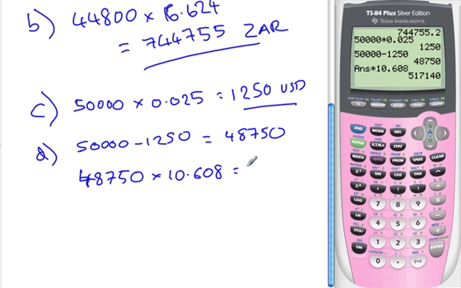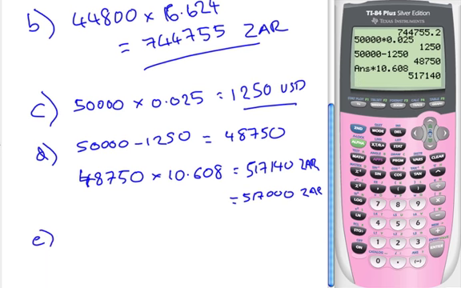Okay, that got us our 517,140 Rand, which is 517,000 if we round it to the nearest thousand.